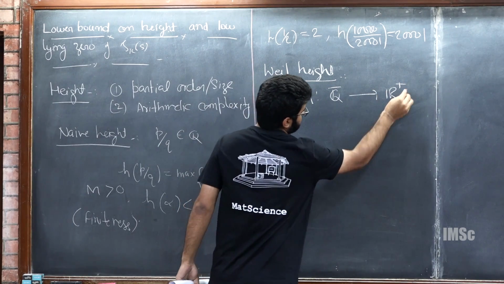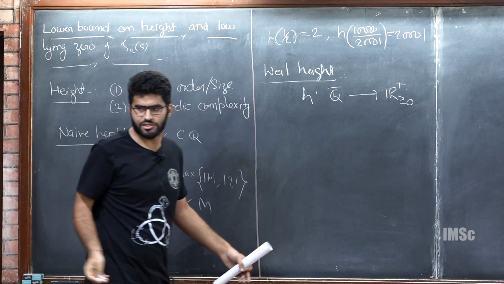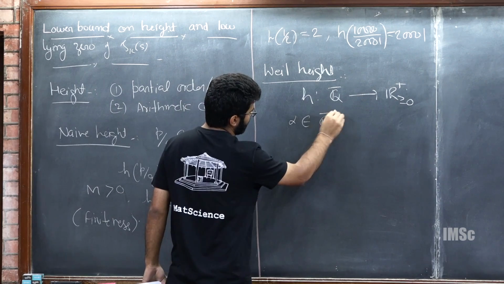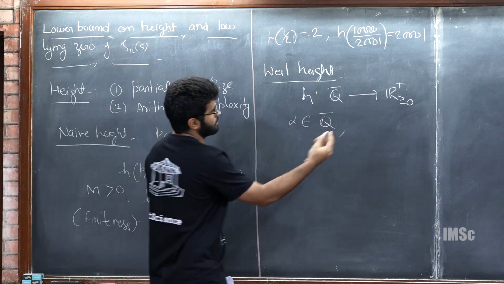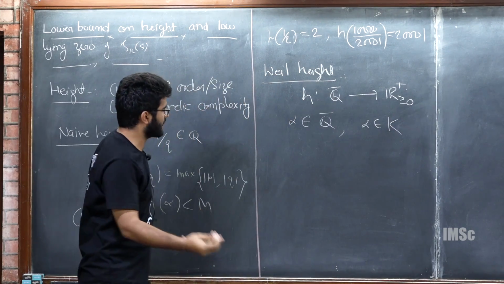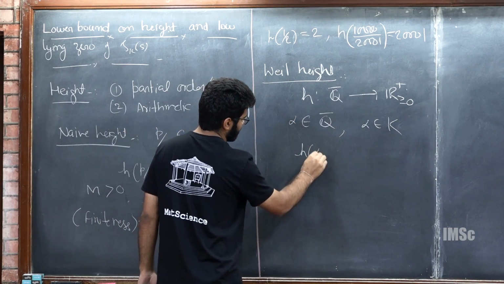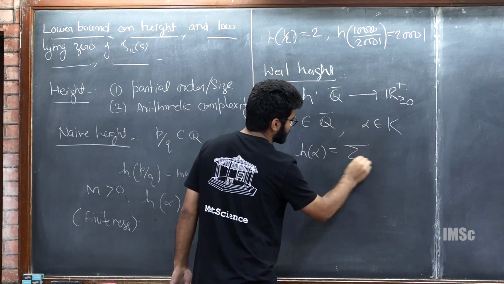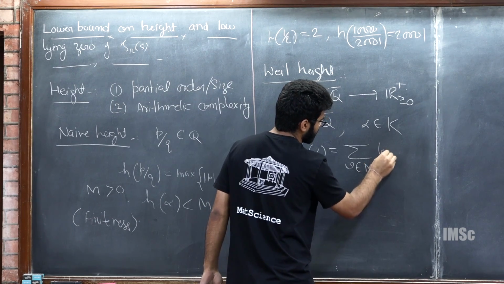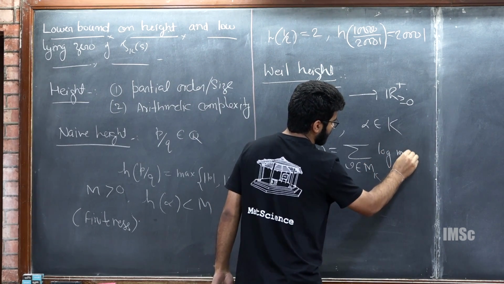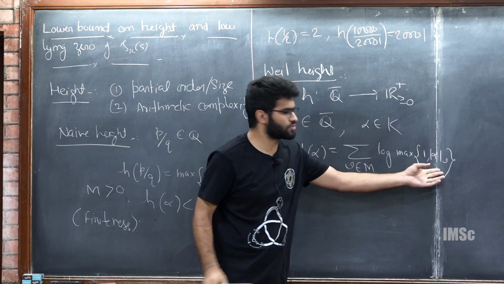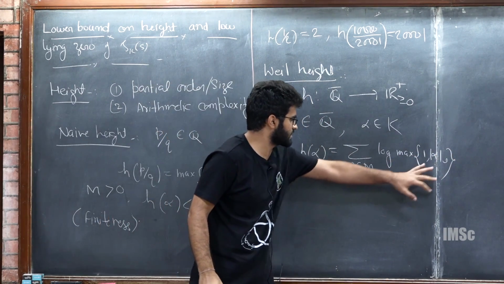It's a non-negative function defined as follows. Pick a number alpha belonging to Q bar, and consider a number field K such that alpha is contained in K. Then the Weil height is defined as: we sum over all the places nu of K and consider log max of 1 and the absolute value of alpha with respect to this place nu.